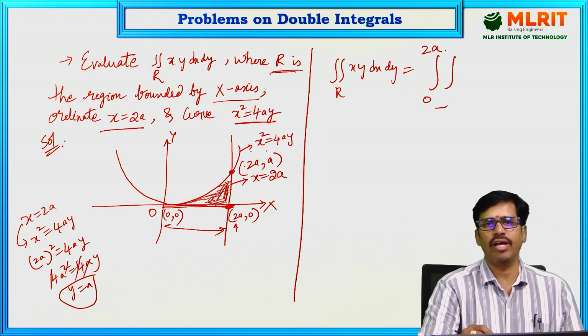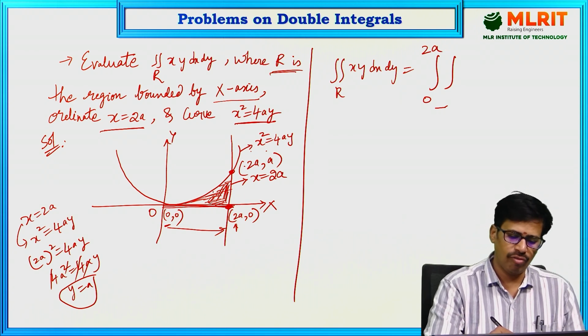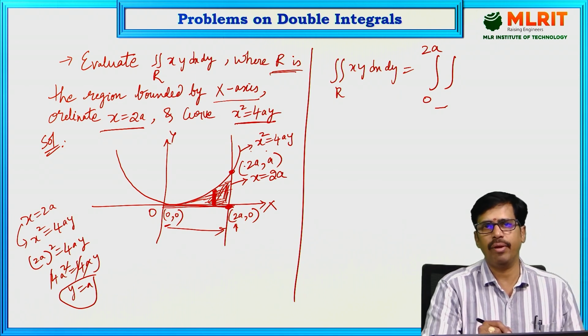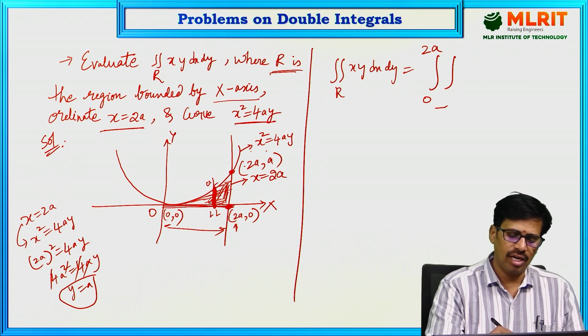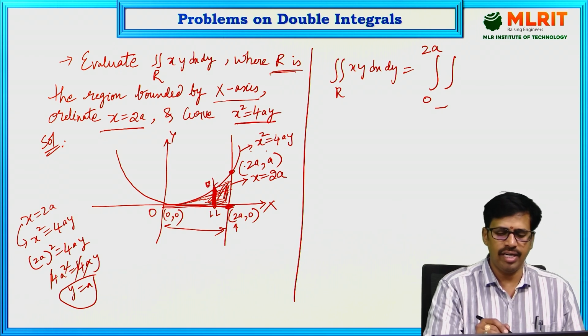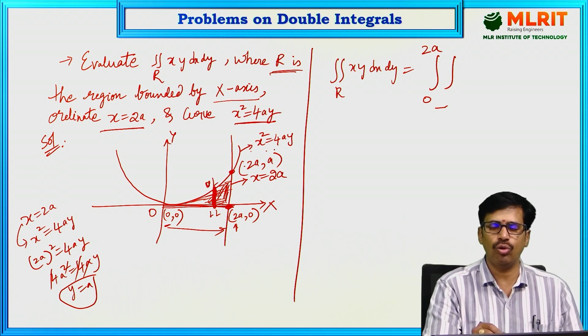Now write down y limit in terms of x. To write down y limits, we have to draw a vertical line or a vertical strip in the region of integration. Say lower end of this line touches x axis, another end touches the curve, which is x square equal to 4ay.